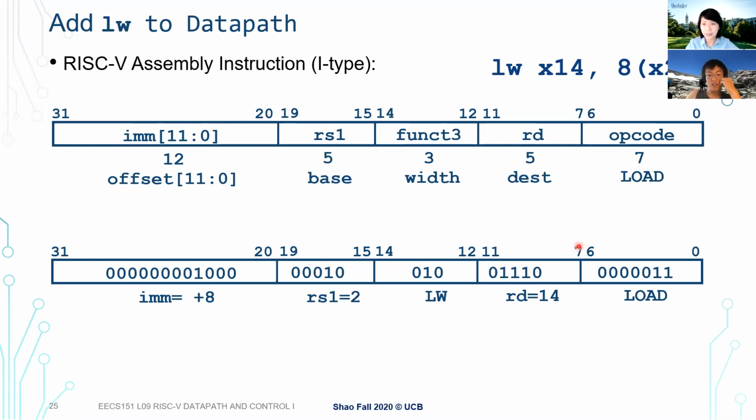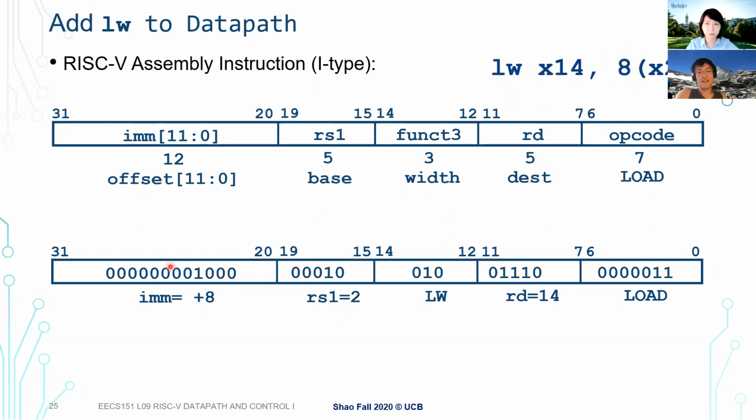As mentioned earlier, we use a combination of the source register and the immediate offset. The source register stores the base address. Here the source register is x2, so the RS1 field is 2, because we're using the second register as our base. And the immediate encodes the offset of the memory access, which is 8.